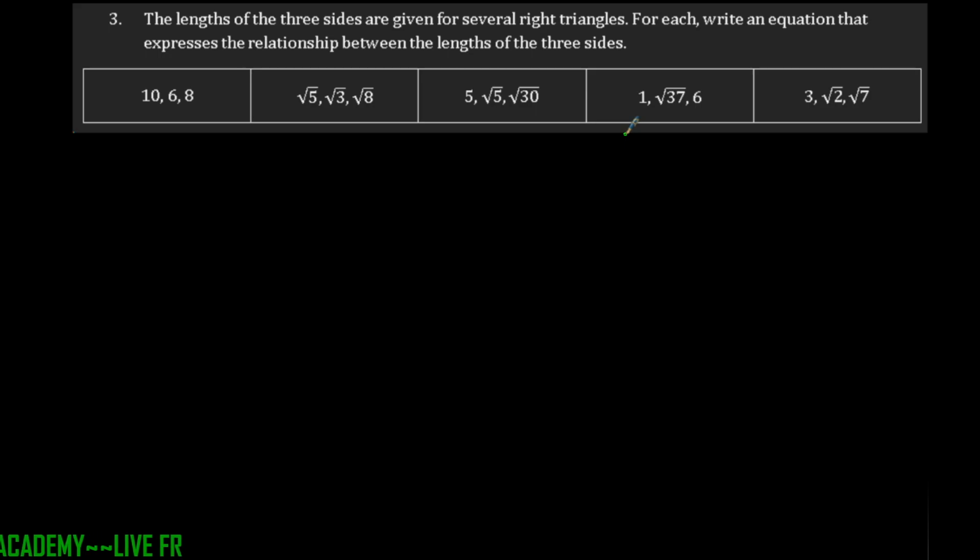And then for number 3, it says the lengths of three sides are given for several right triangles. For each, write an equation that expresses the relationship between the lengths of the three sides. You have to be careful in this one because the hypotenuse equals the longest side.